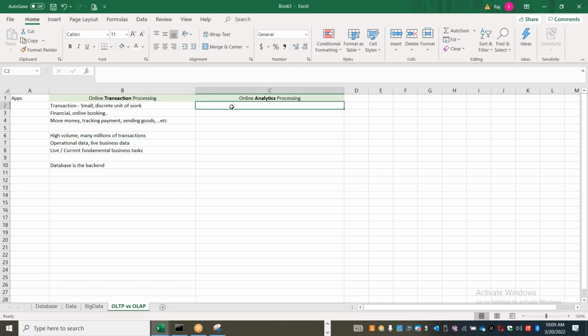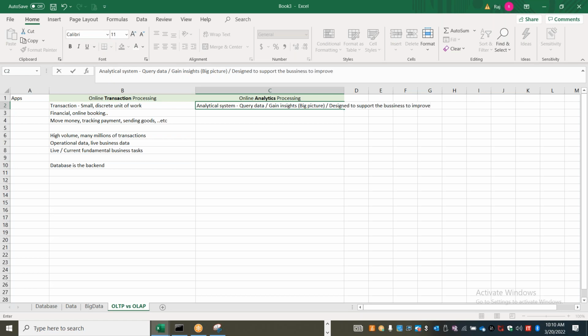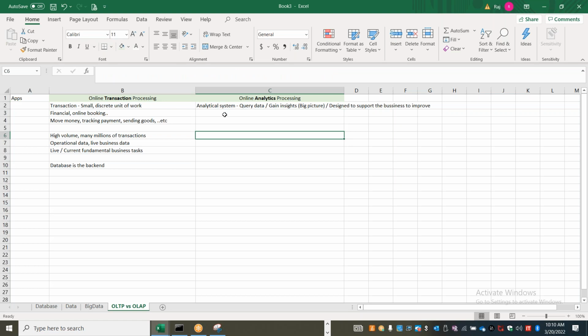So an analytical system is designed to query huge volumes of data and gain insight about what's going on, a big picture view of what is happening in the overall organization or system. It is designed to support the business, to improve or enhance it. The analytical system is mainly to do systematic analysis.